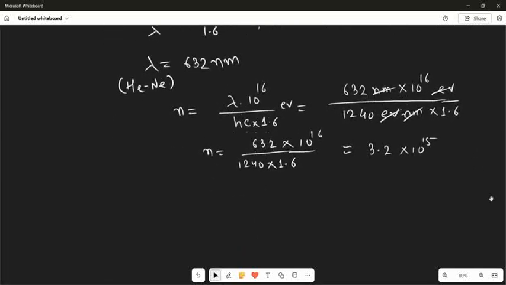Now this question has a second part also, and the second part is: what is the average time interval between the emission of successive photons? So the total number of photons is 3.2 into 10 to the power 15, and total time is 1 second.